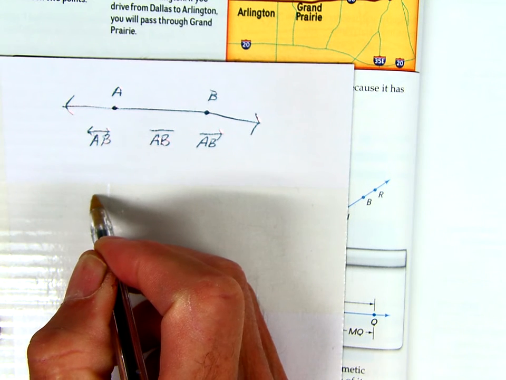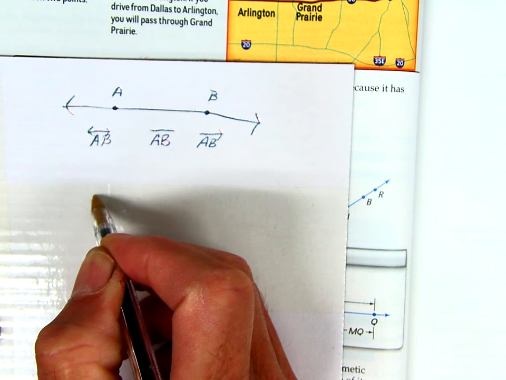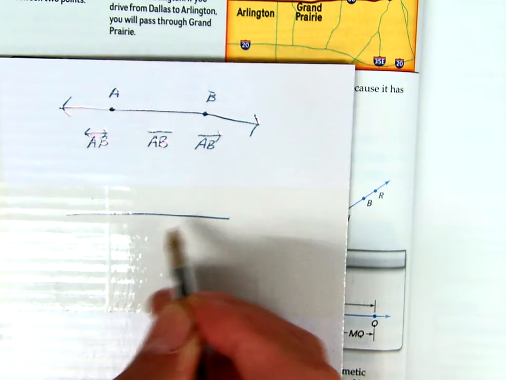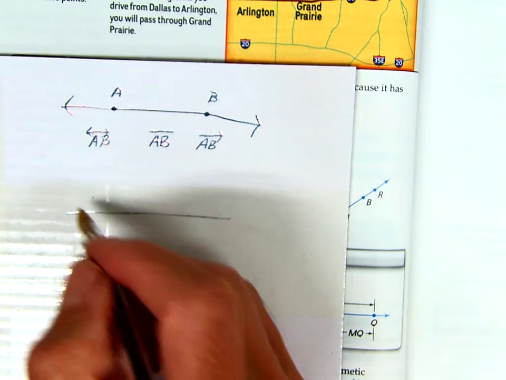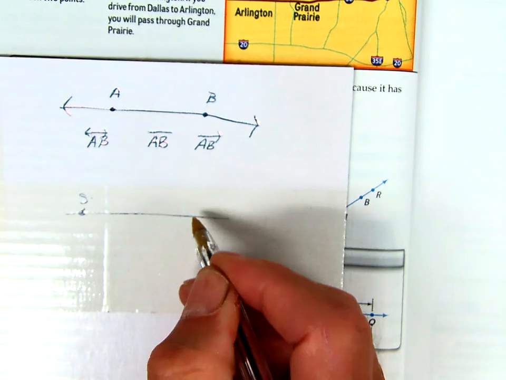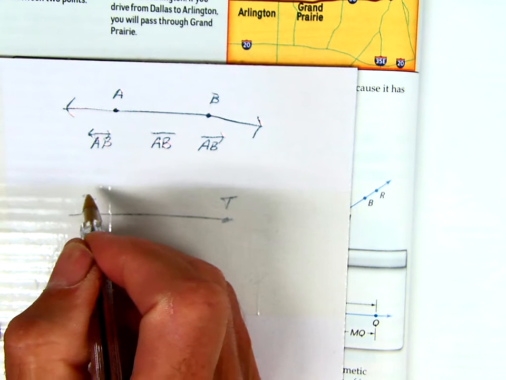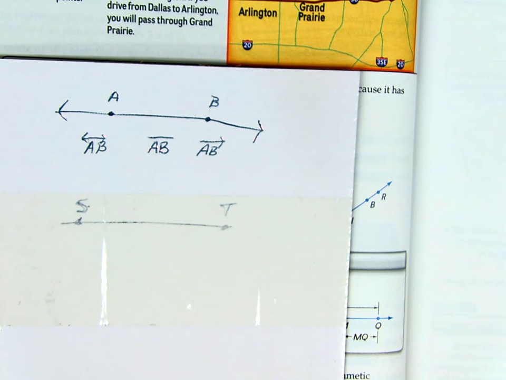If we were reading along and all of a sudden it says point P is between points S and T. Here's what it would mean. Point P is between. Between what? S and T. So somewhere there's a point S. Somewhere there's a point T. Now where do we put P?